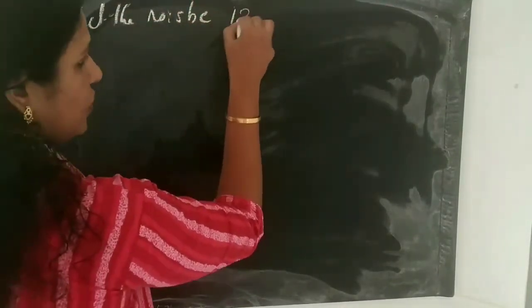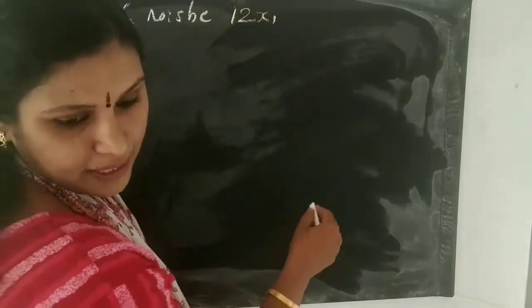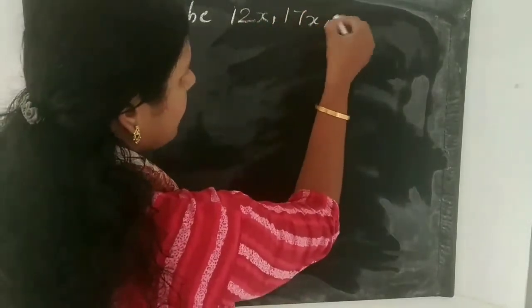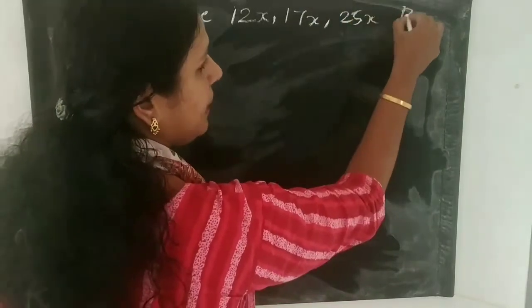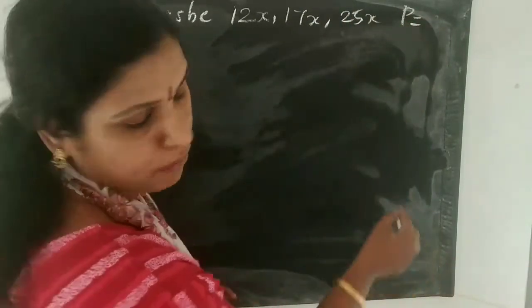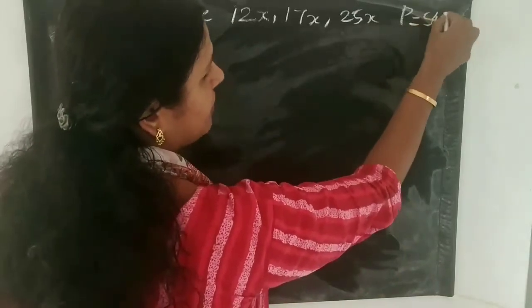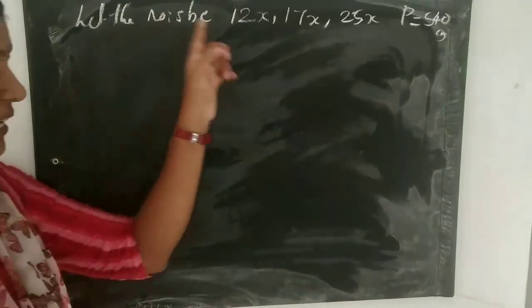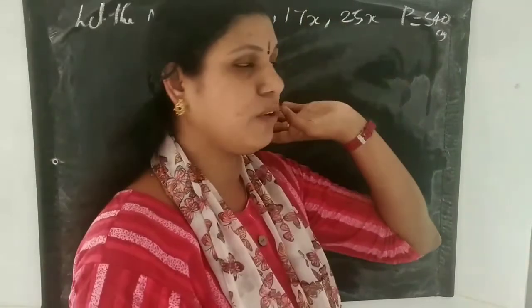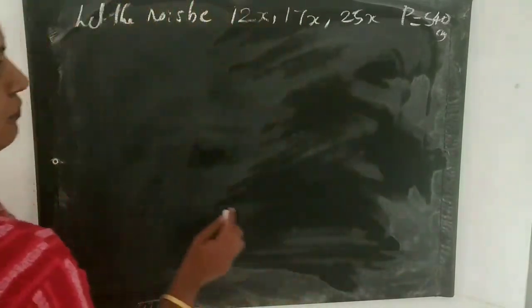So let the sides be 12x, 17x, 25x. Perimeter is given as 540 centimeter. From this, we have to find the sides.